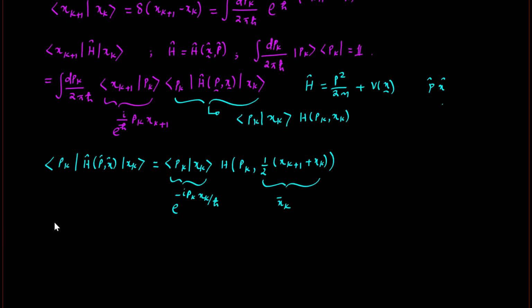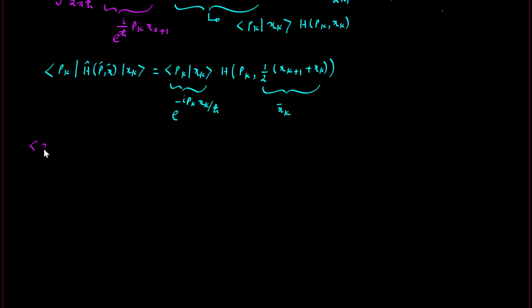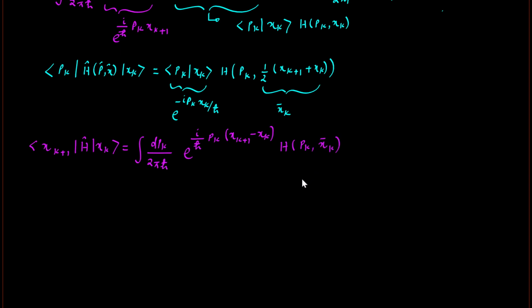So finally I can write ⟨x_{k+1}| H |x_k⟩ is equal to the integral dp_k divided by 2 pi h cross, exponential i by h cross p_k (x_{k+1} minus x_k), times the Hamiltonian, which is a function of p_k and x bar k. Okay, so this is how this expression looks like.